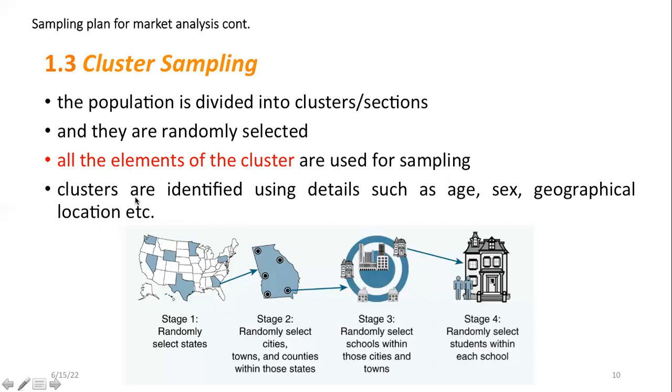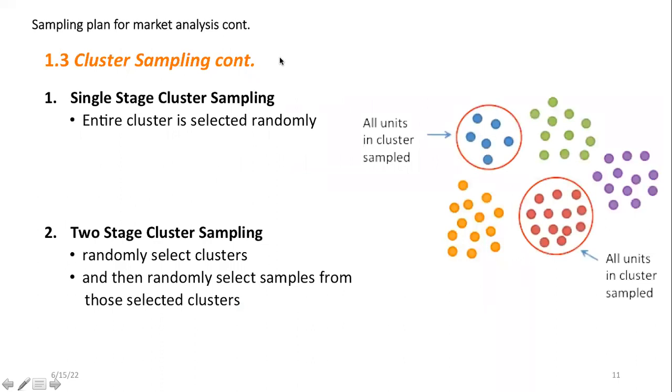Then what we have to do is consider the provinces or districts or divisions, then randomly select schools from each division, representing each division, and then randomly select students. We call these random sampling methods.